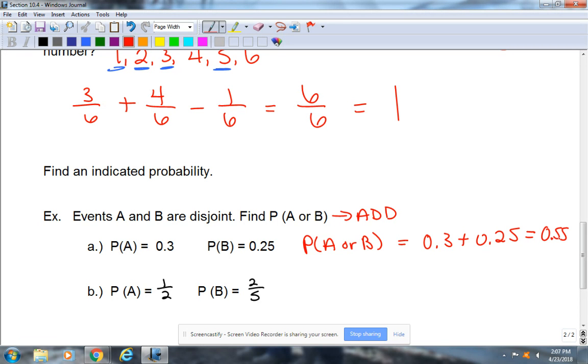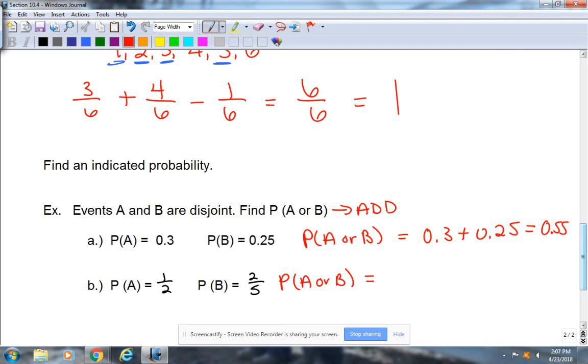So the probability of A is a half. Probability of event B is 2/5. What's the probability of event A or B? What would you do? You would add a half plus 2/5. We need a common denominator for that, don't we? What's the least common denominator between 2 and 5? 10.